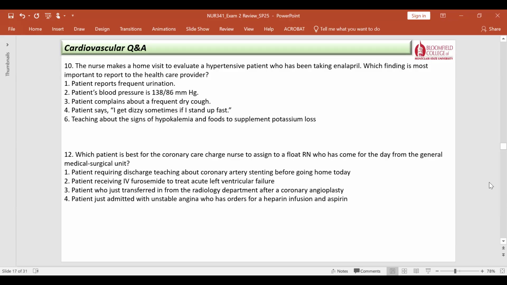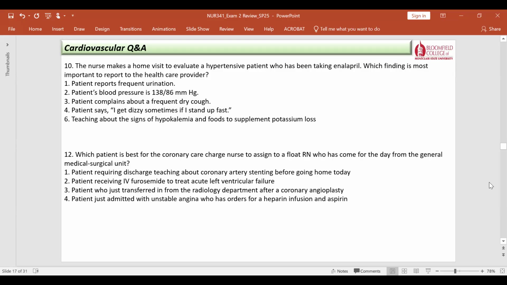Like you can switch them to an ACE, I'm sorry, to the angiotensin 2 receptor, the ARBs, angiotensin 2 receptor antagonists or blockers. The other assessment data indicate a need for more patient teaching and ongoing monitoring, but would not require a change in patient's medical therapy or plan of care.